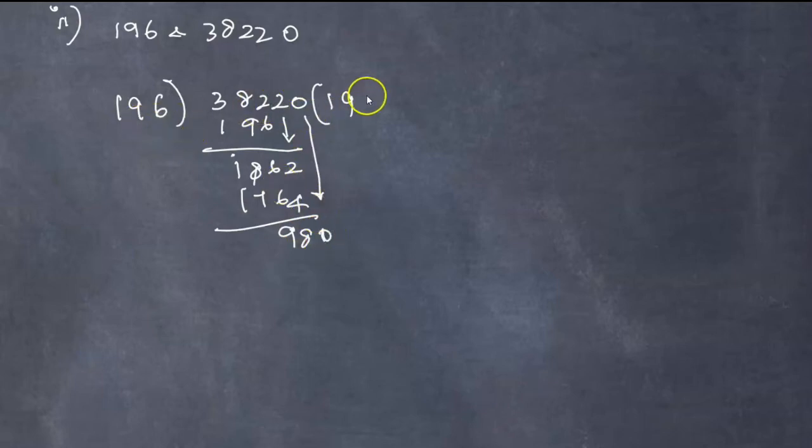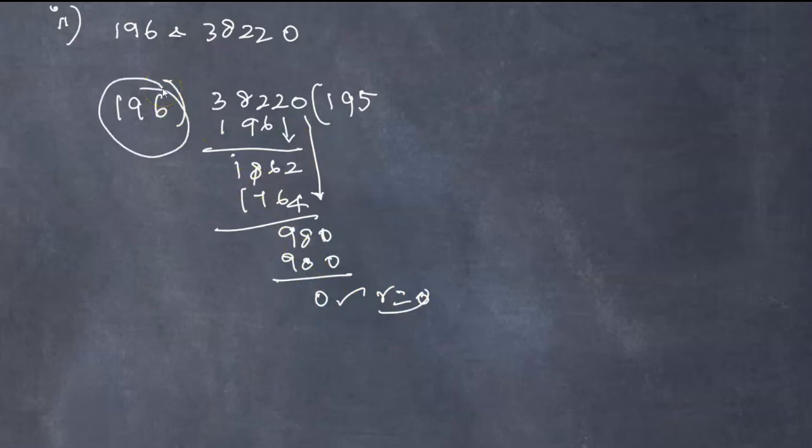In 196 it will be like 5 times, so 3 8 9. So 0. So we got the remainder R equals 0. So since we got the remainder as 0, we are stopping here. And the divisor for getting 0 is 196. So which is obviously the HCF.